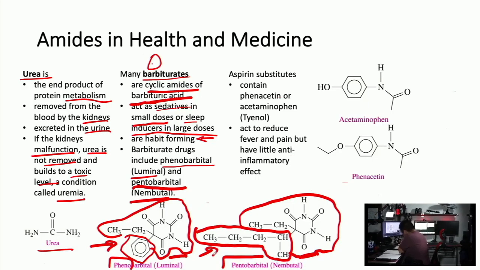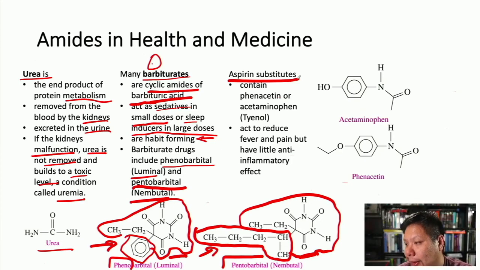We talked about aspirin earlier. There are some aspirin substitutes made of amides. Aspirin actually didn't have any amides in it at all. Remember, it was salicylic acid, and then you added an acetate to it, so it became acetylsalicylic acid.